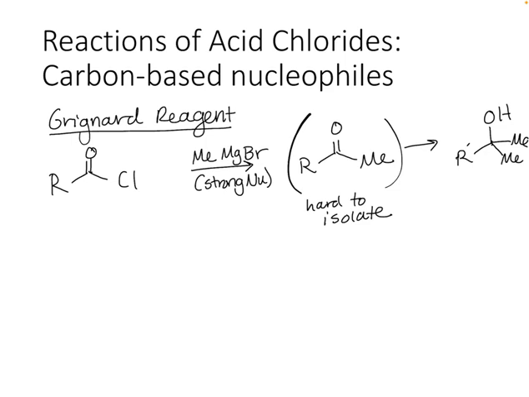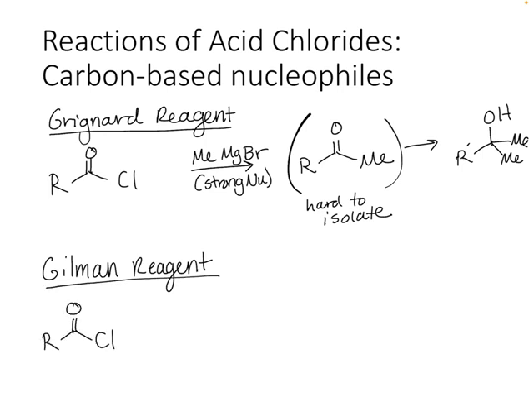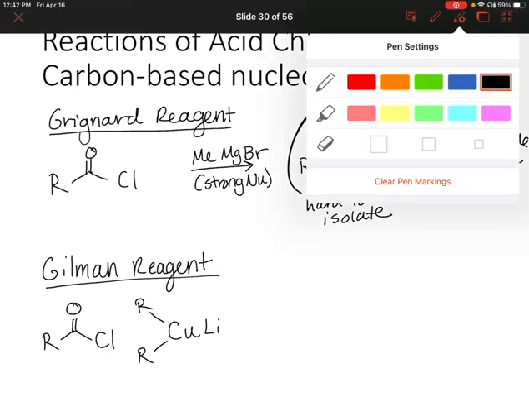However, there is a type of reagent we can use to stop at the ketone, and that is called a Gilman reagent. So a Gilman reagent is slightly different. This involves copper and lithium, and then we have two alkyl groups bonded to copper. And those alkyl groups are the nucleophiles.